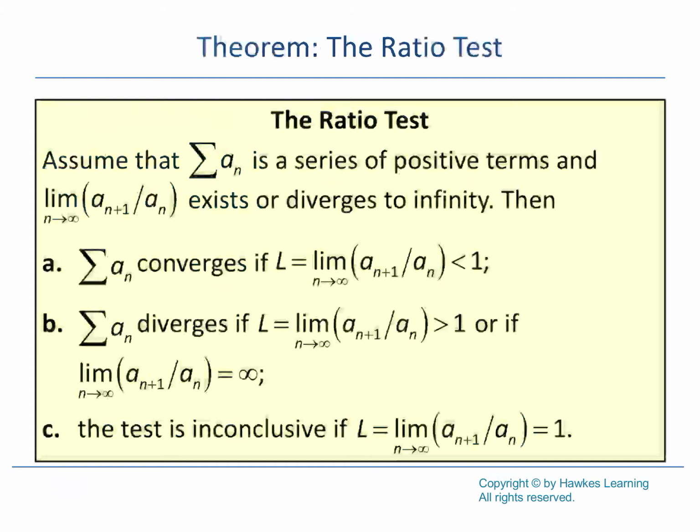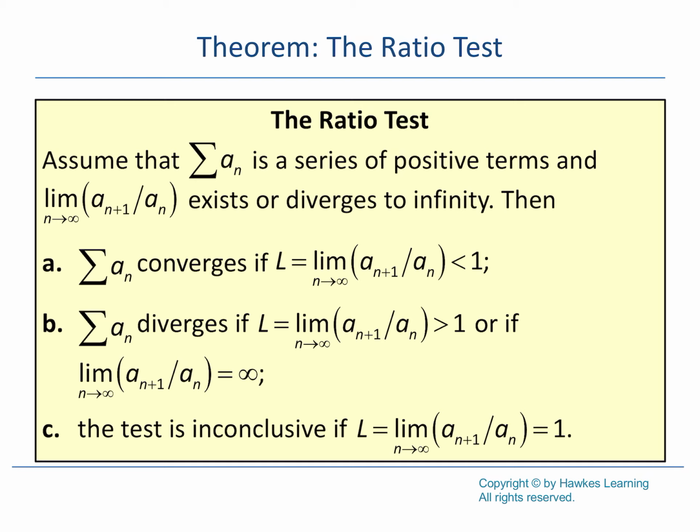This is again a ratio of sequence terms, but the guiding infinite series that I'd like you to have in mind right now is the geometric series, because what we're looking at in this ratio is a ratio between successive terms in the series. We're looking at the ratio of a_{n+1} to a_n.